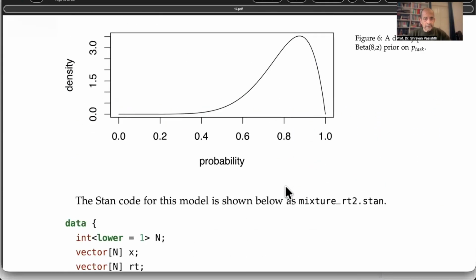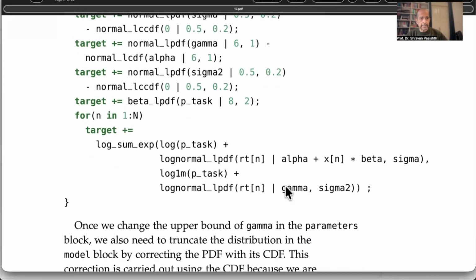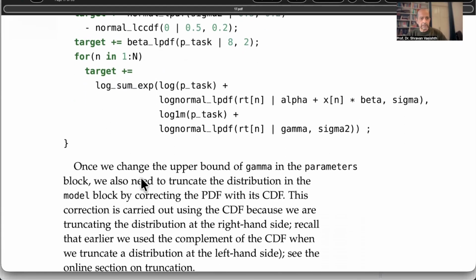Okay. All right. So now we get to the likelihood specification, which is a mixture process here, right? Nothing changes here for us. It's just the same as always. This statement is just the same as always.